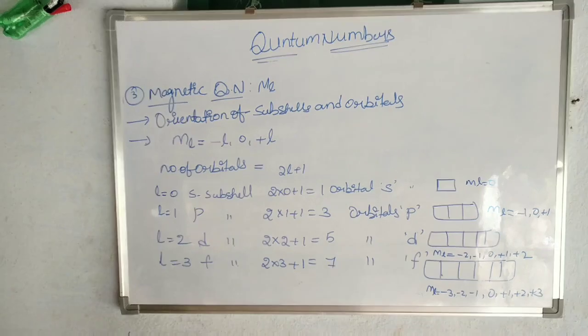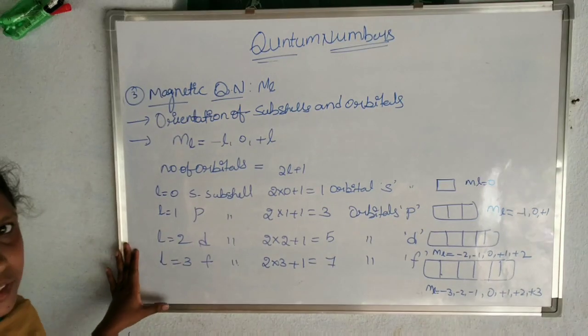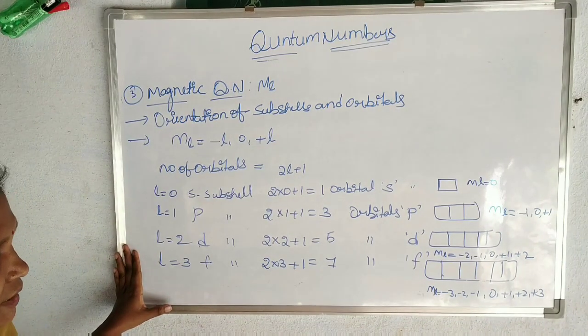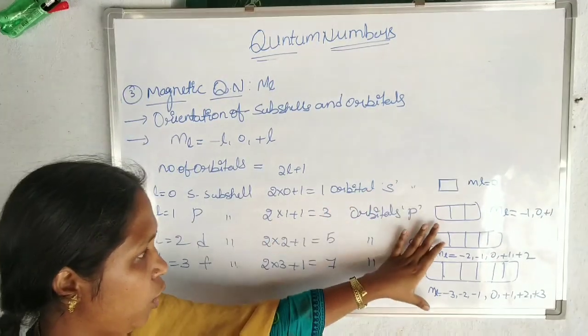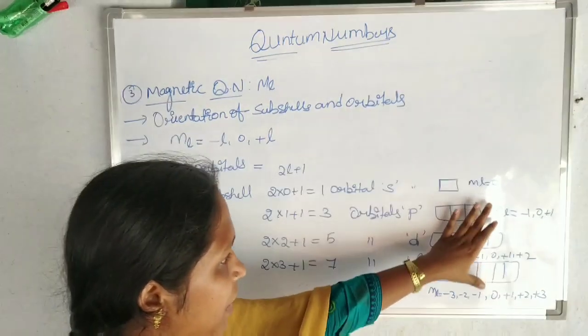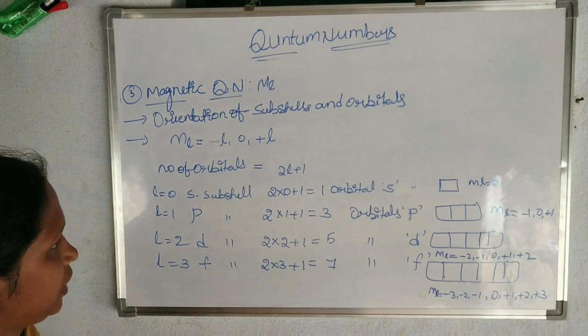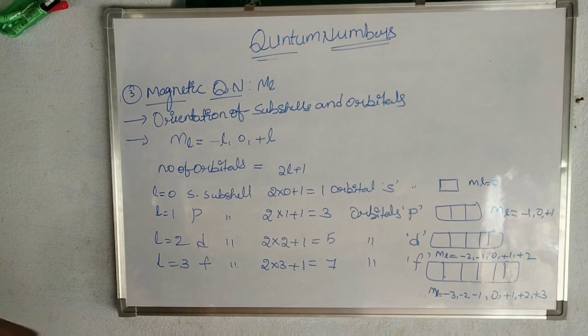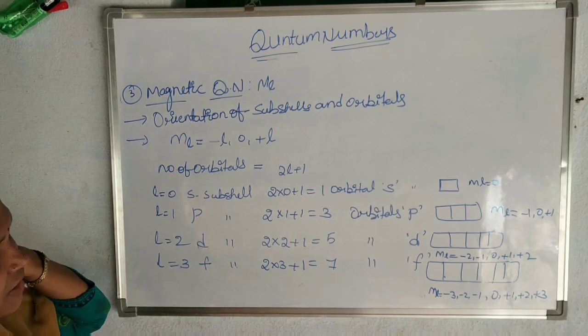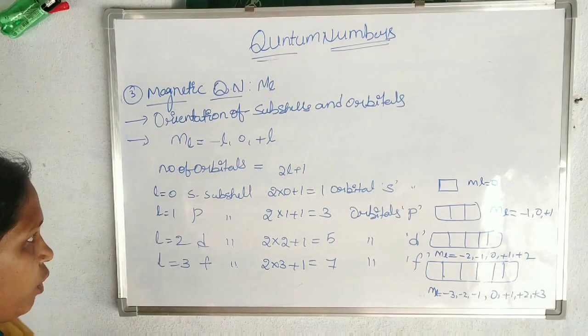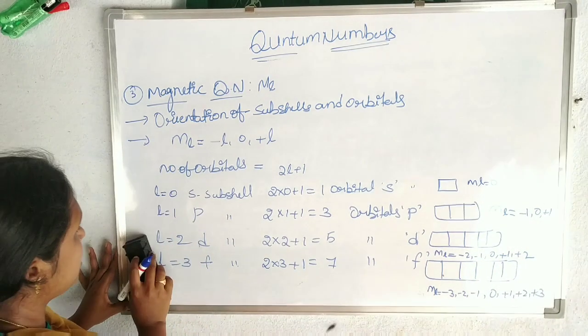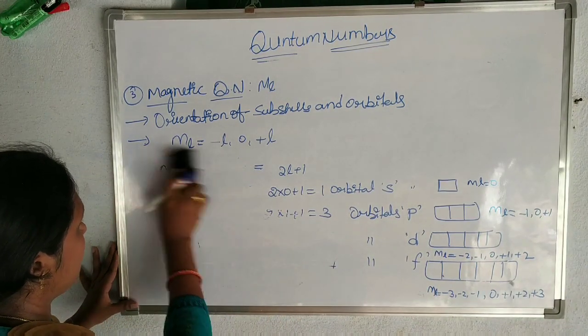This is about the orbitals present in the subshells, the representation of the orbitals, and the ML value indication for the orbitals. It also explains the orientation of orbitals, meaning the structure of the orbitals. Now we see the structure of orbitals.